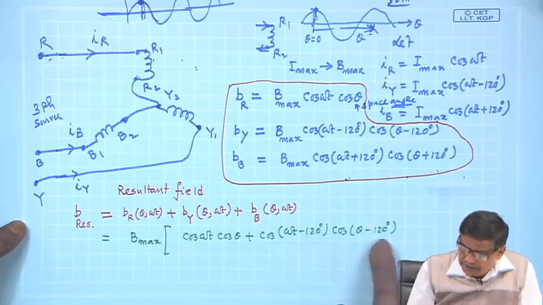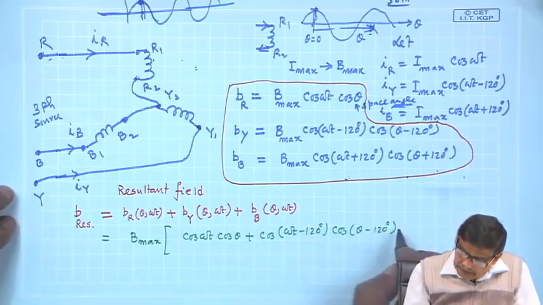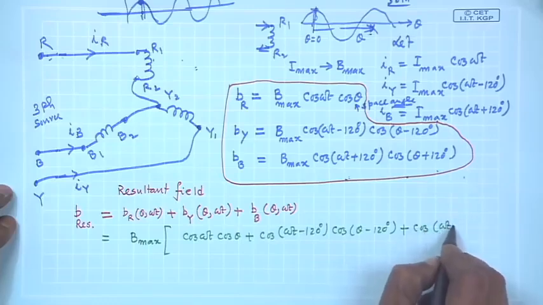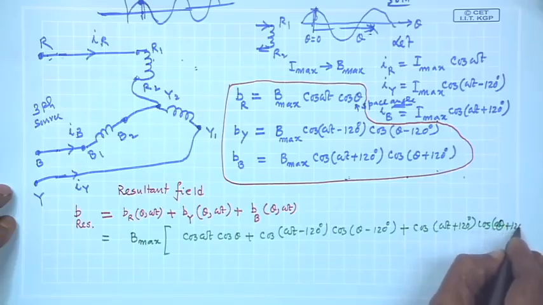Mind you, cosine 120 minus theta and cosine theta minus 120 are the same, and plus cosine omega t plus 120 into cosine of space theta plus 120, that is all.